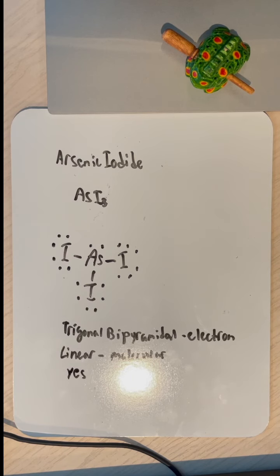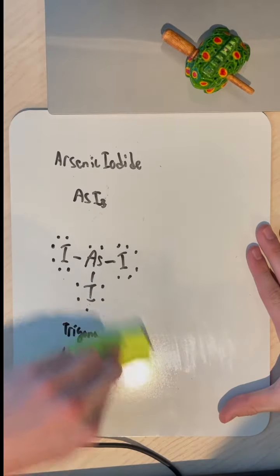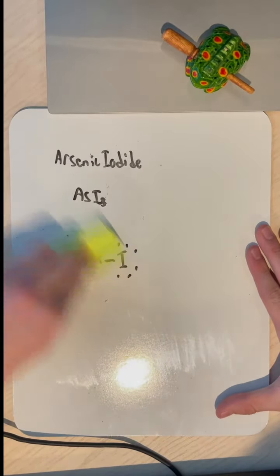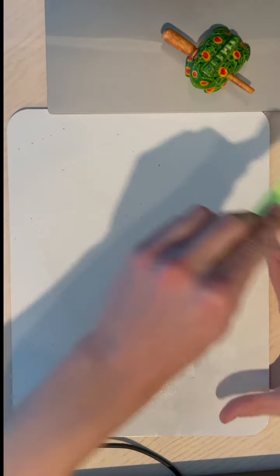To understand the covalence, there is a value that you can use. Let me erase some of this. I'm going to get rid of arsenic iodide.